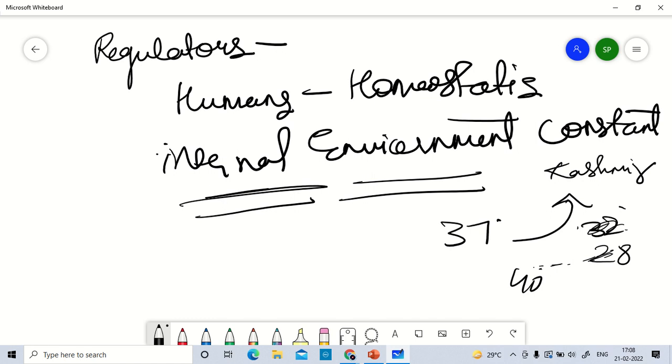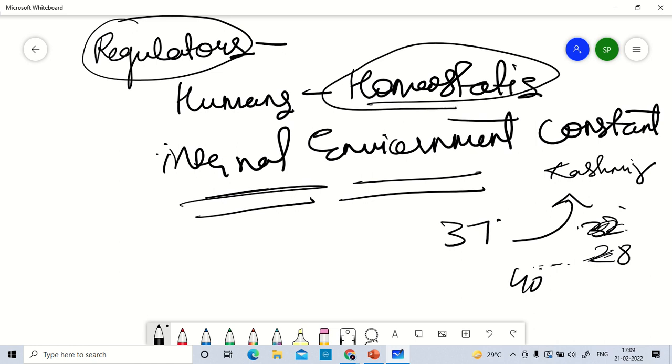So through physiological as well as behavioral techniques, we keep our internal environment constant, no matter what the external environmental condition is. Therefore, we are also called regulators, and we continuously perform the process of homeostasis, that is, keep our internal environment constant all the time.